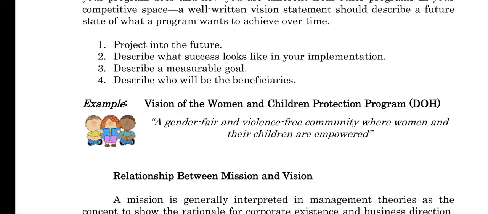Since there is no specific time by which we can achieve that the community will be gender fair and violence-free, it has not included a certain period of time, because if it's as easy as that, then we could say a gender-fair and violence-free community 10 years after. Okay, we can write that if we are sure that we can achieve that in 10 years from the implementation of this program. Okay?